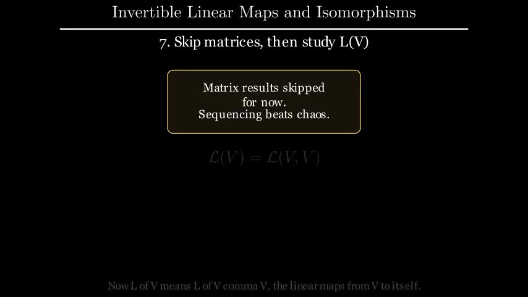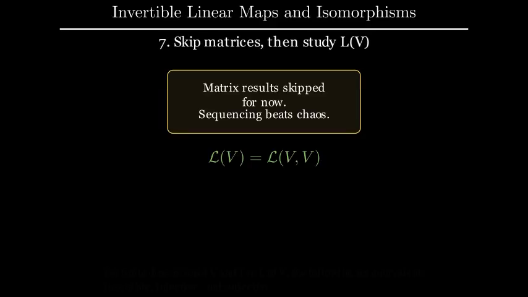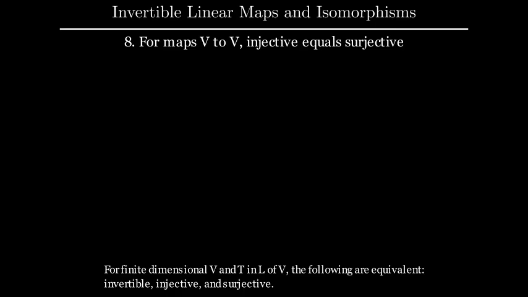Now L of V means L of V, V, the linear maps from V to itself. For finite dimensional V and T in L of V, the following are equivalent: invertible, injective, and surjective.